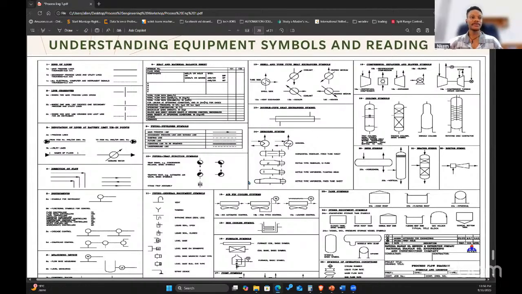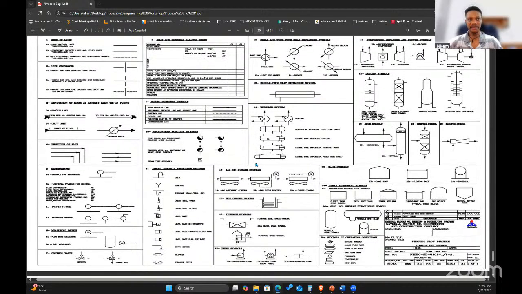It's open source, so everybody can use it for free. And you have these templates already there. You just pick it and drop it, connect the lines and all of that. And you can use the same software for PFD and also for P&ID. Of course, the difference is just that one is more detailed than the other. So that will be it.